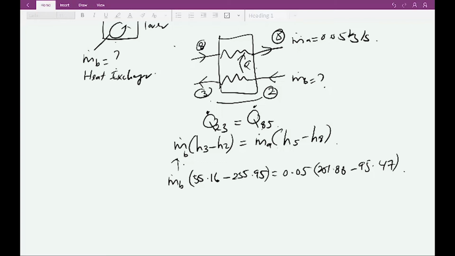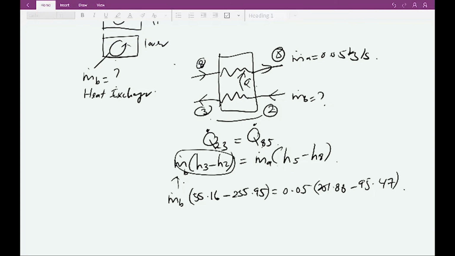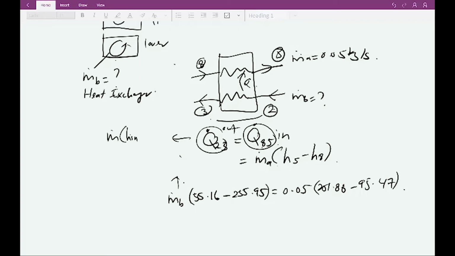Okay. So here, sorry, because this is heat transferred out, this is heat transferred in. So this is in, this is out. So your equation flow is different, right? So this is Q out, means that you need to use equation m dot (H in minus H out).